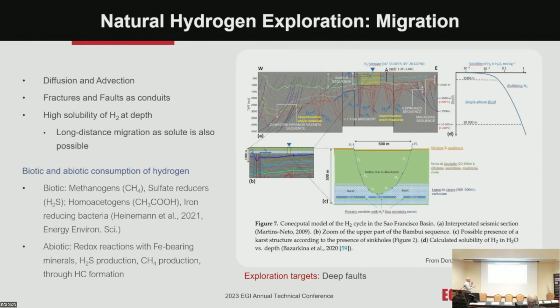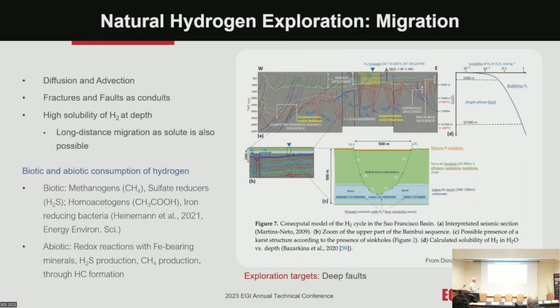Okay. And the consumption of hydrogen is not only limited to migration. This could happen around the source. This could also happen in the reservoir. These are things you want to consider when you analyze the natural hydrogen system, because hydrogen is such a simple molecule. It's easy to digest for microbes.